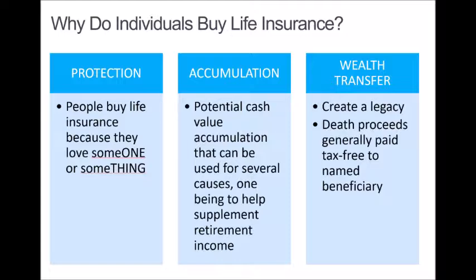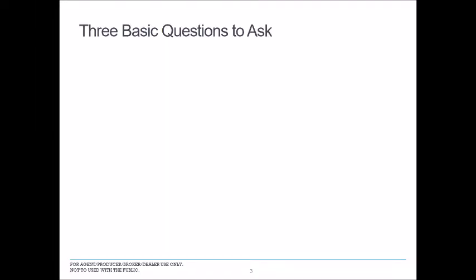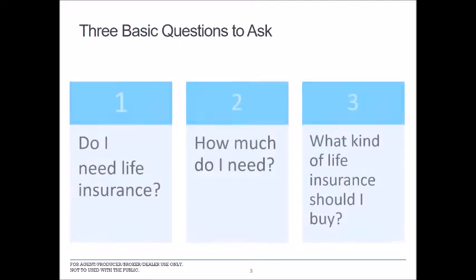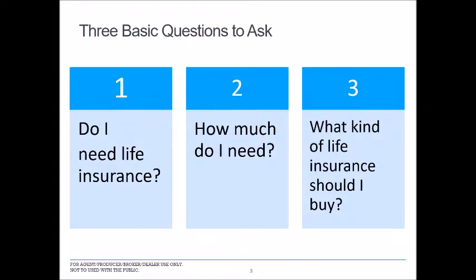So, where do you start when you first approach a client about the purchase of life insurance? The starting point is an assessment of whether there is an insurance need. If you get a positive answer to the question, will someone or some entity suffer financially by the death of your client? There may be a need for life insurance.